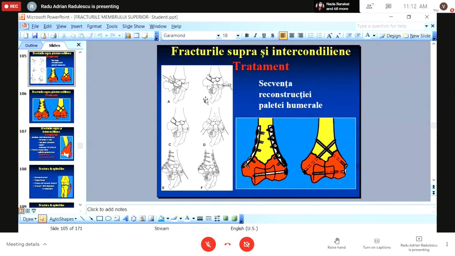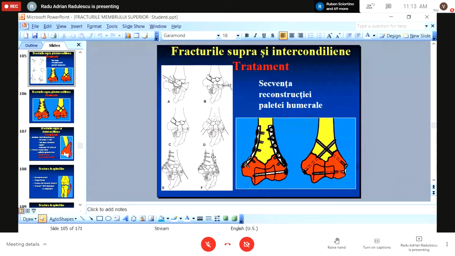So it's like a puzzle game, especially in the situations when we have comminuted fractures. It will be quite difficult to identify all the fragments, put them back in place, and then fix them by using K-wires and screws. So the main goal, like I said, will be to restore the articular surface. And then we have to reattach the articular surface to the rest of the humerus by using a plate, or better, using two plates like you can see here, in order to obtain a solid fixation.